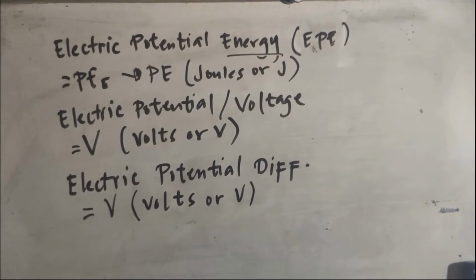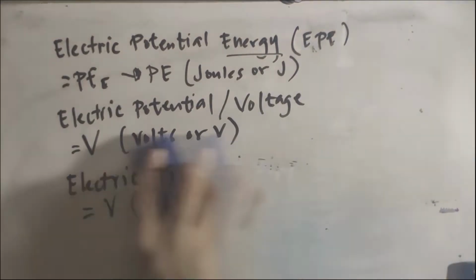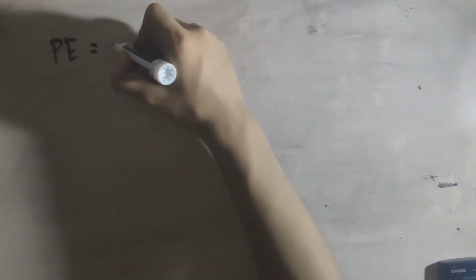First let's list the equations so that you will be familiar. Let's state the equations that we're going to use for this particular topic. First, electric potential energy is equal to QED.